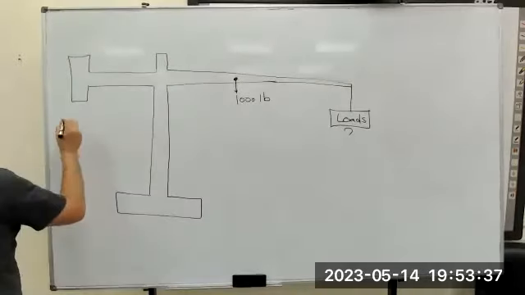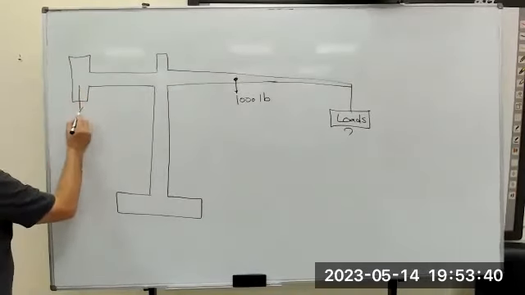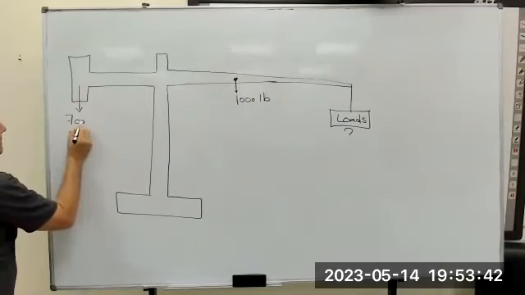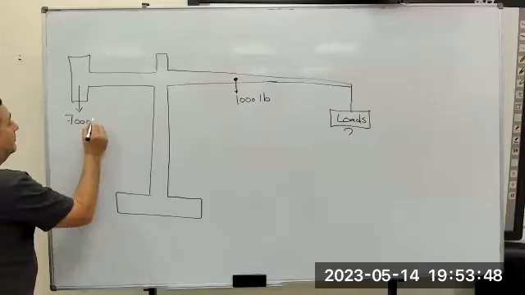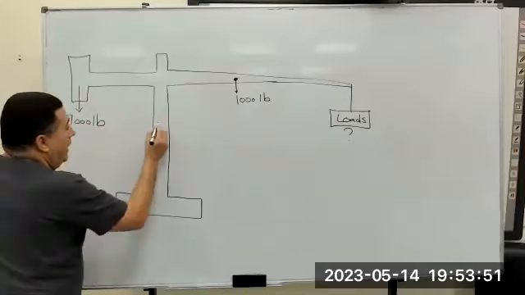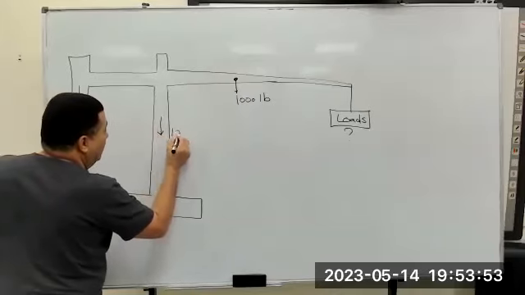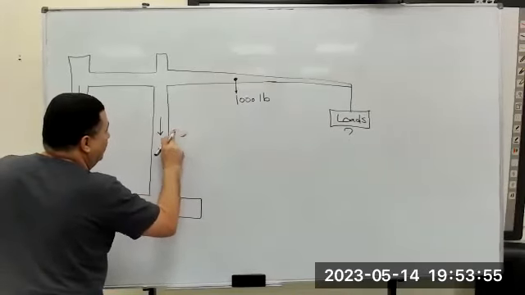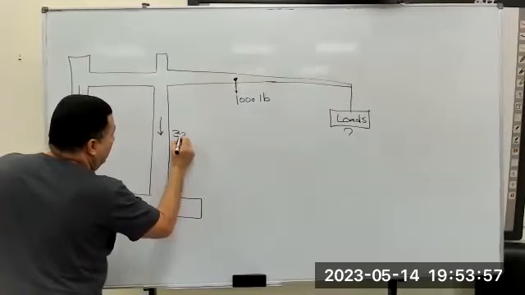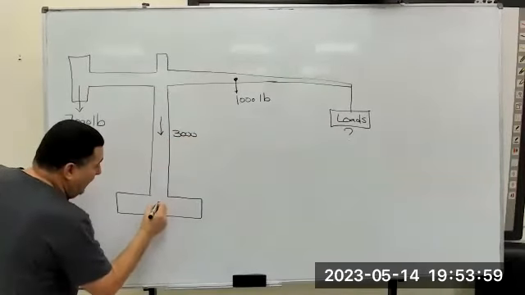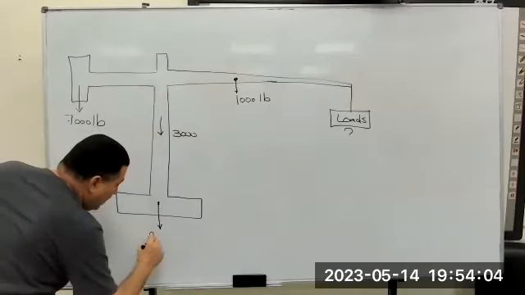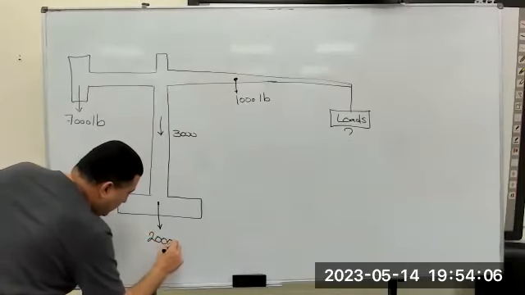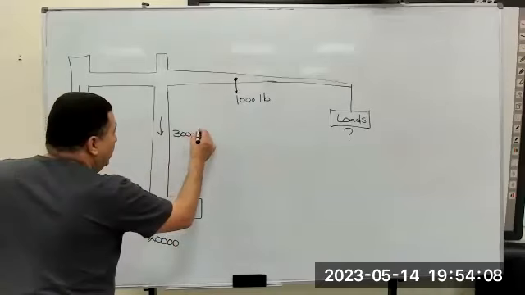And we have a counterweight of 7,000 pound. These are the loads affecting the system. We have 1,000, 3,000, and a footing of 20,000 pound.